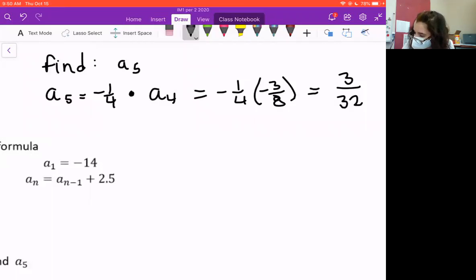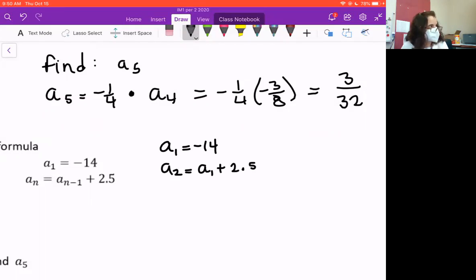So the first term is negative 14. It says so right there. For the second term, I take the first term and I add 2.5. So my second term is going to be the first term plus 2.5.